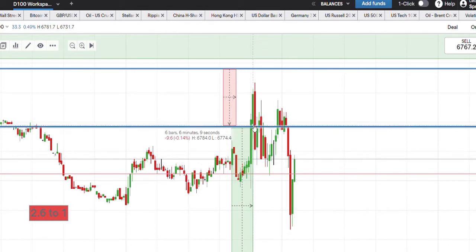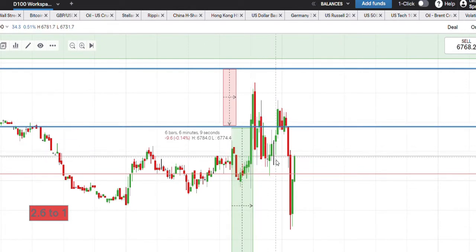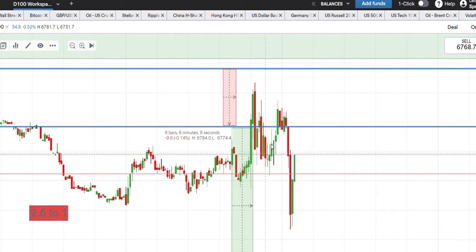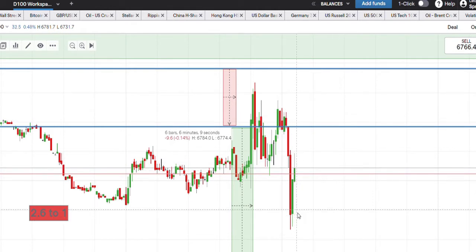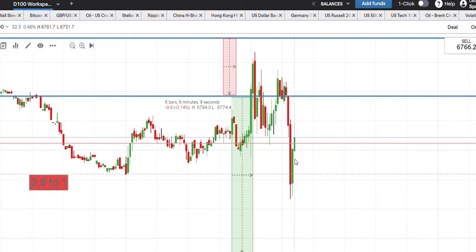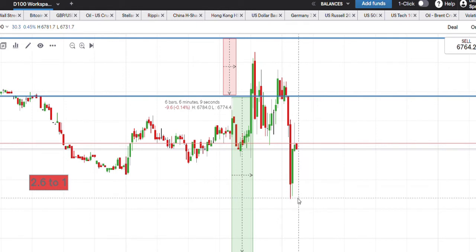Let's have a look at Elliott wave. So we got the open, we got a 1, A, B, C, 2, and this is the 3. So I would expect another A, B, C. So in Elliott wave terms, you've got a 1, A, B, C, which counts as a 2, and then you've got your 3 wave down.